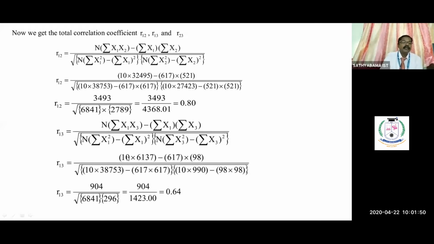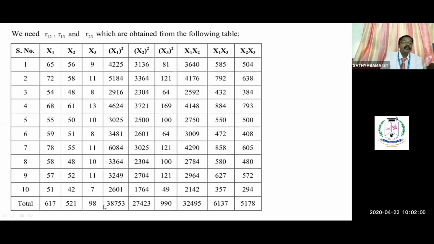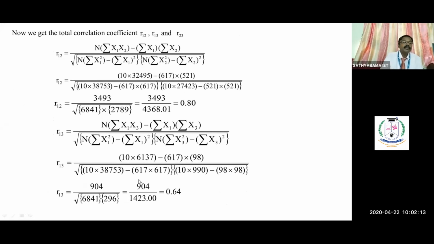Substituting the values, n is 10. Sigma x1 x3 is 6137 and sigma x1 equals 617. Sigma x3 is 98. So we are writing the data from the previous summations. Okay, so R13 you have calculated.